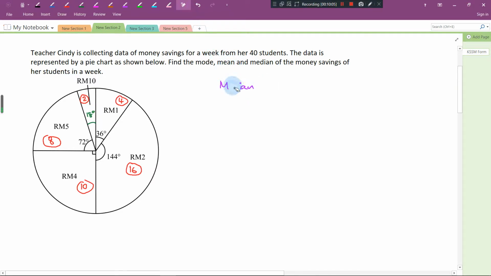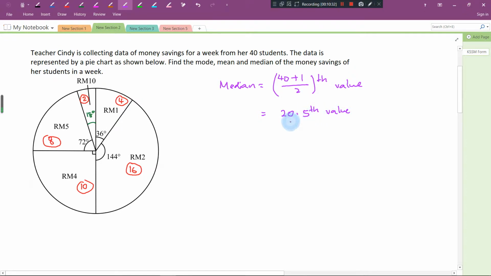Median position is equal to the total frequency 40 plus 1 divided by 2. This is not the median. This just tells you the position of the median. So 40 plus 1, 41 divided by 2, 20.5, right?